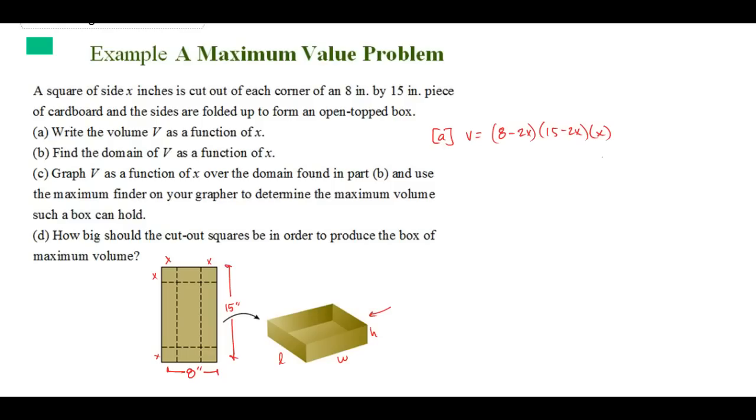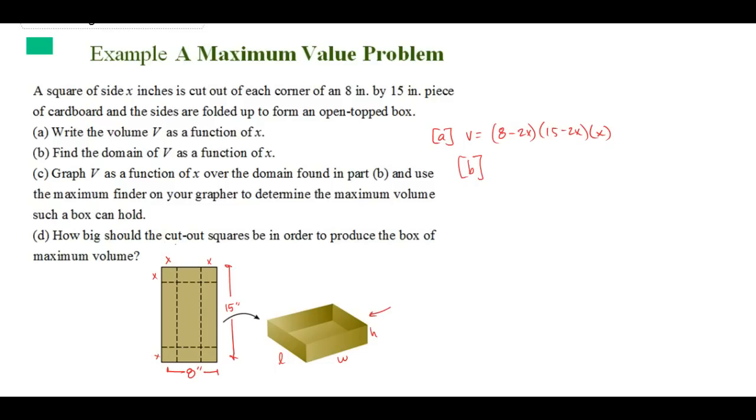Part B asks you to find the domain, which I think is a neat question, because it's a logical one, not really that exciting to be mathematical. The question is: how big is the domain? What values of x are feasible? Is 10 a good value for x? Well, look at my drawing. If I cut out 10 inches, then I would cut 20 inches out of an 8-inch piece of cardboard.